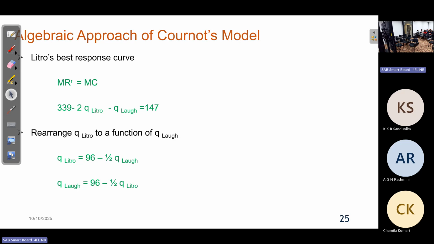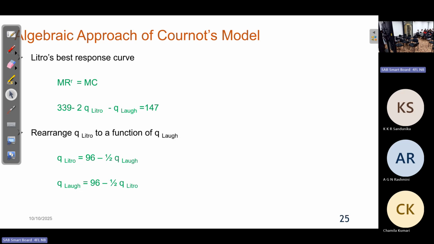Then Q1 equals 48 into 4 divided by 3, which is 64. Now we found Q1 equals 64.